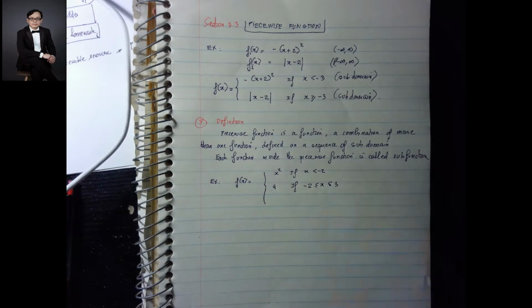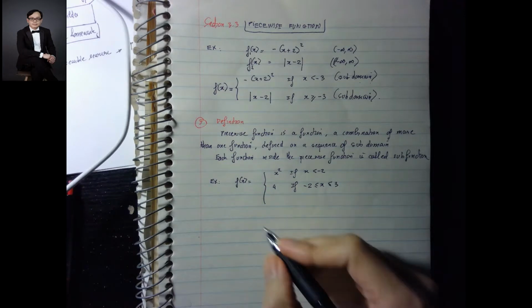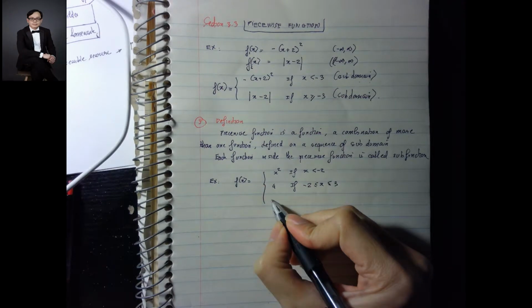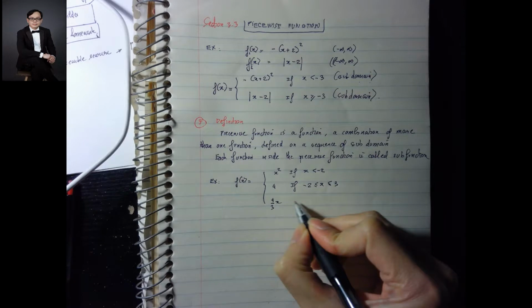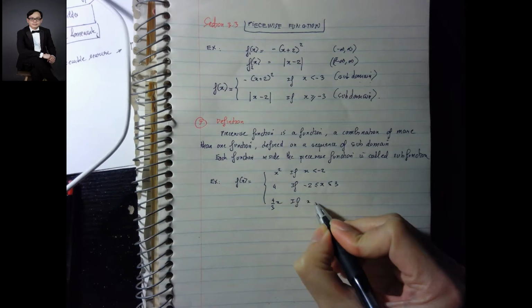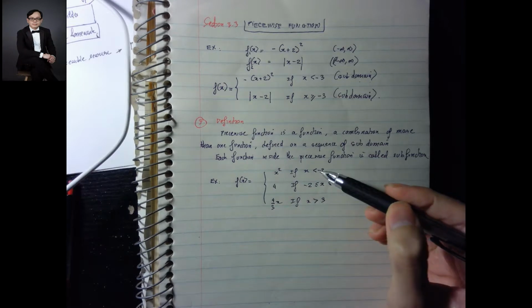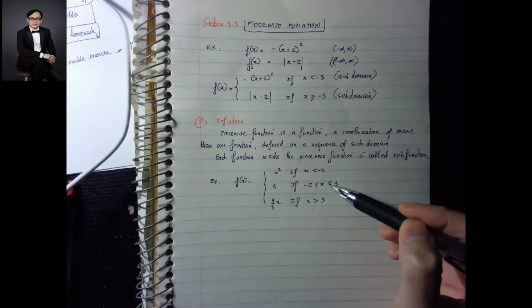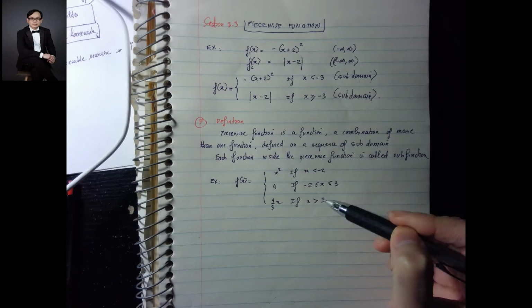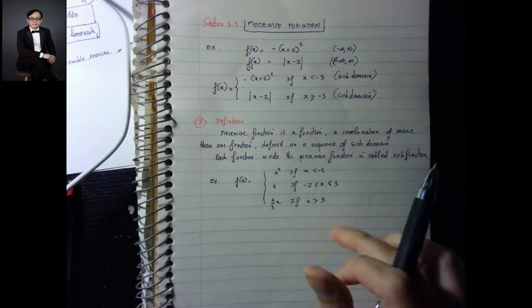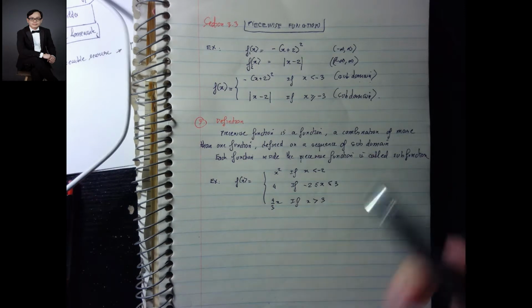And a third function I have is 4 over 3x if x is greater than or equal to 3. So x less than negative 2, between negative 2 and 3, and greater than 3. These three intervals we call subintervals, or subdomains of each individual function.